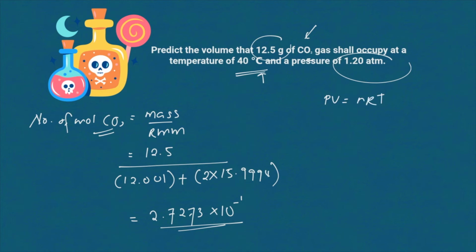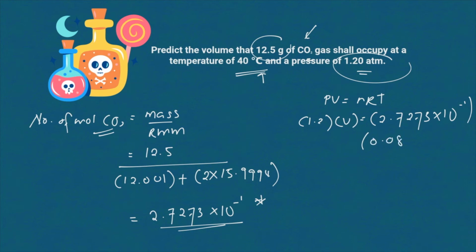The pressure given in the question is 1.2 atm, and the volume is the thing that you want to calculate. N is this value here, which is 2.7273 times 10 to the power of negative 1, and your R is equivalent to 0.0821, and your T is this one, 40 degrees Celsius.